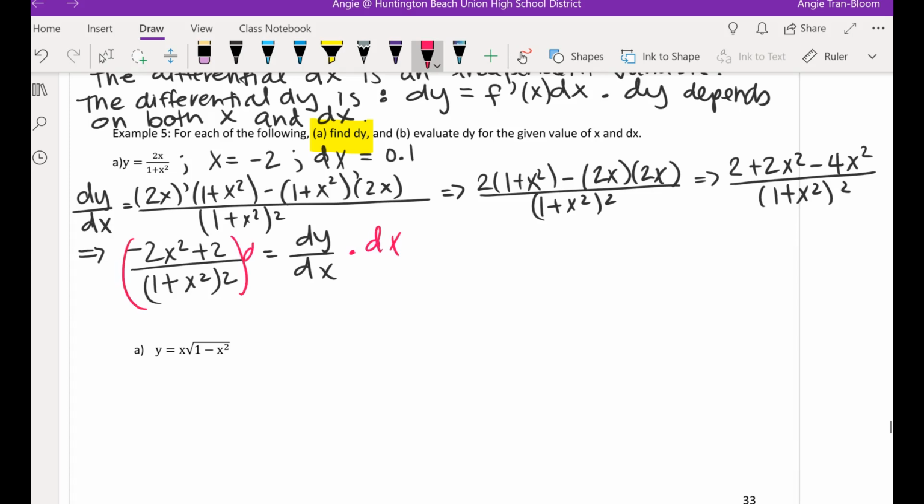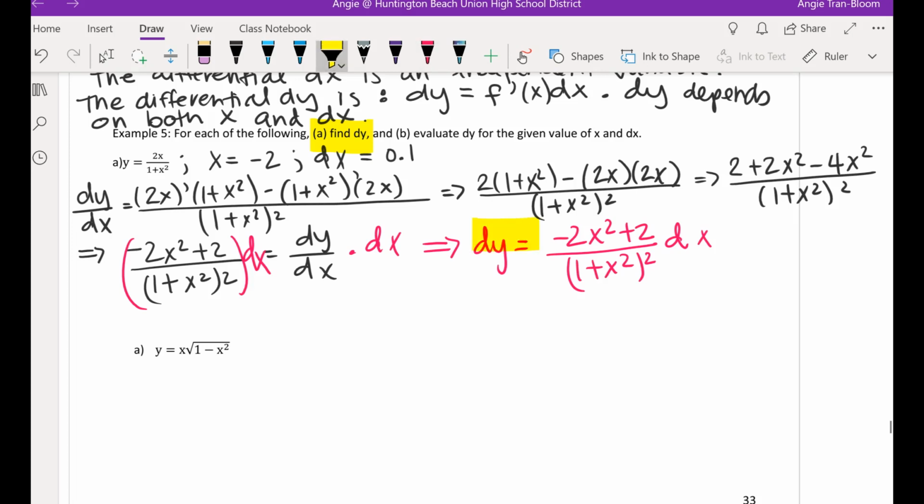It's that easy. So dy is -2x squared plus 2 all over 1 plus x squared, times dx. So that's what we box up for part A. Voila!